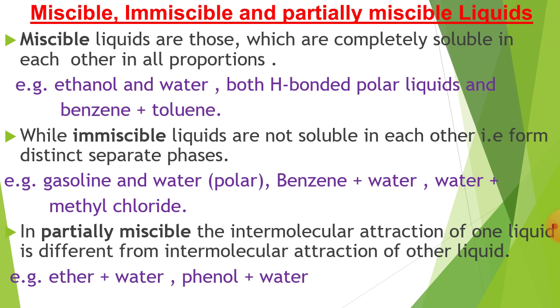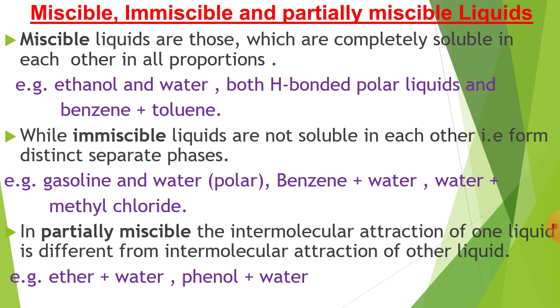The common example is ethanol and water, as both contain H bonding, that's why they are soluble in each other in all proportions. One more example, benzene plus toluene, both are non-polar solvents, that's why they dissolve in each other in all proportions. So these types of liquids are called miscible liquids.